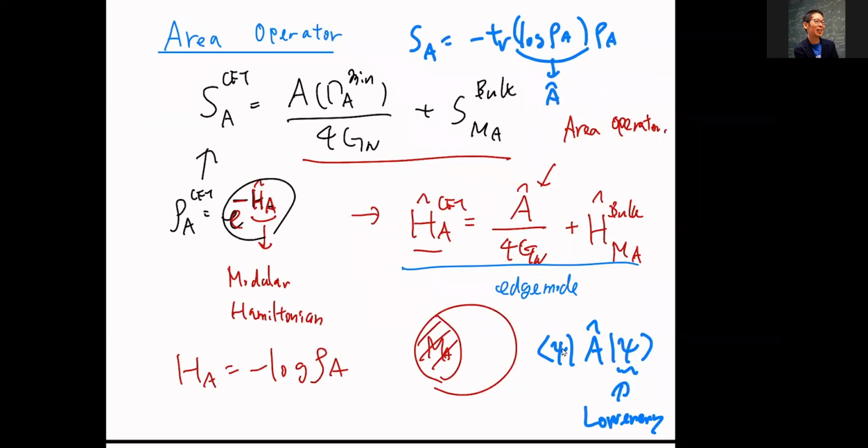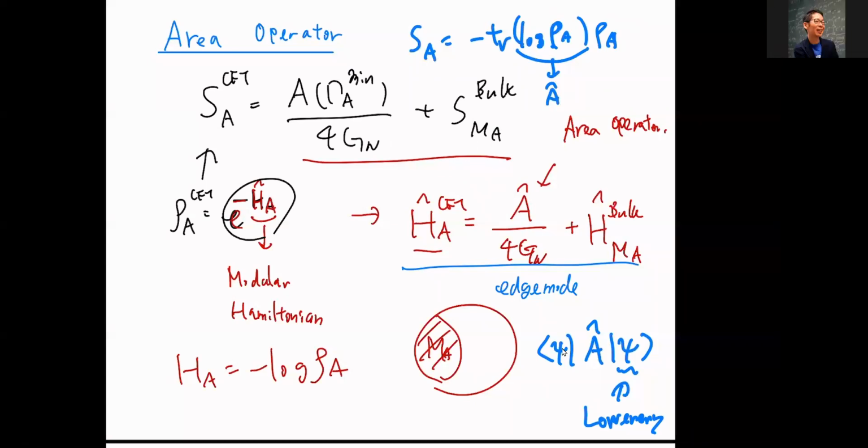But this is actually state dependent because it's a log. So in general, this is not true. If we go to higher energy, then probably we cannot have this description.